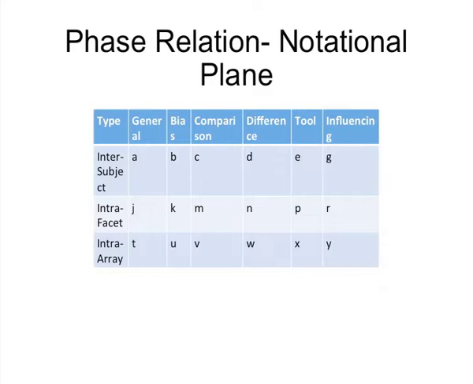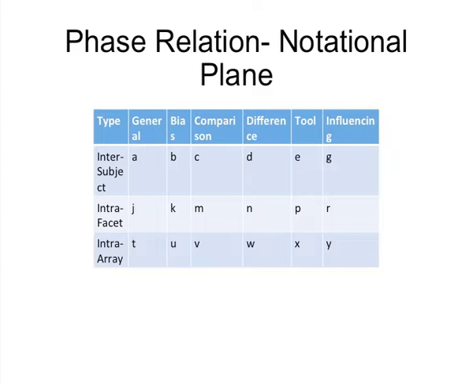Now, if it is an intra-facet relationship, the notation that has been identified by Ranganathan is, for general relation, small j, for bias relation small k, for comparison small m, for difference small n, for tool small p, and for influence small r.